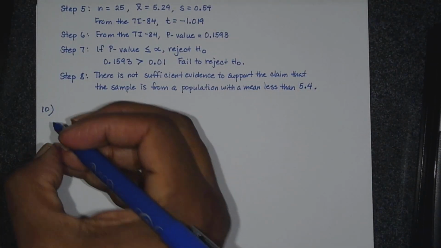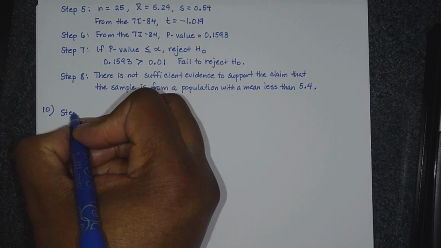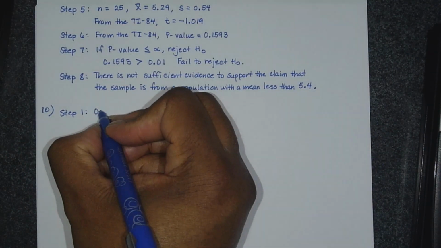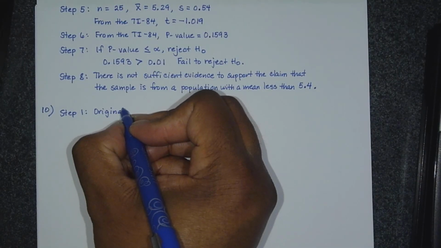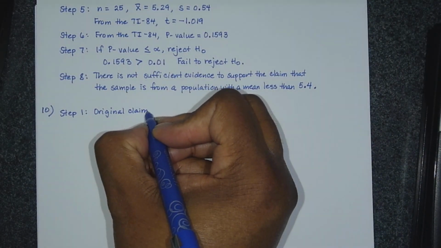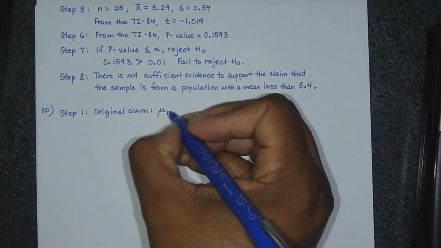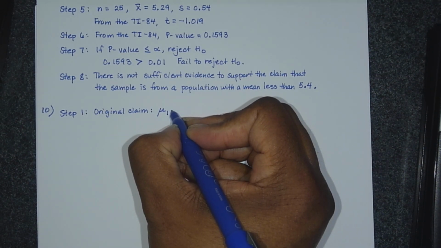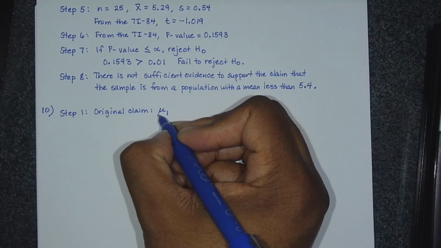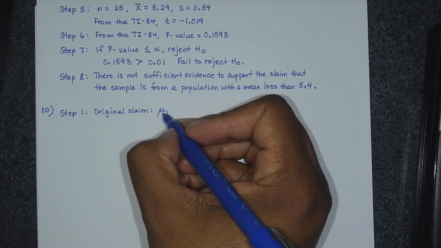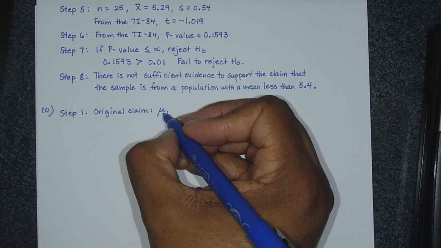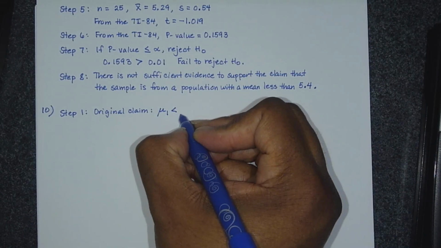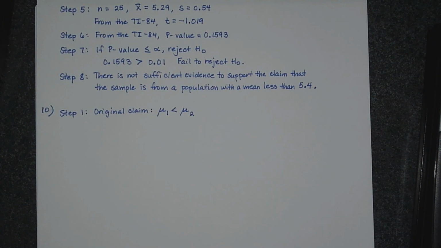So when we write the original claim in symbolic form, what would mu sub 1 be? Well, based on the reading of that last sentence, less than mu sub 2, because mu sub 1 is going to be the mean for the diet soda. The mu sub 2 is the mean for the regular soda. So mu sub 1 is less than mu sub 2.